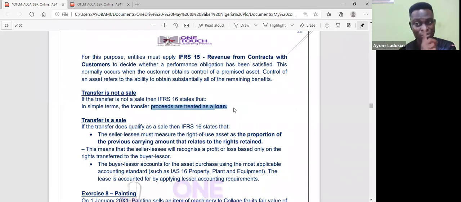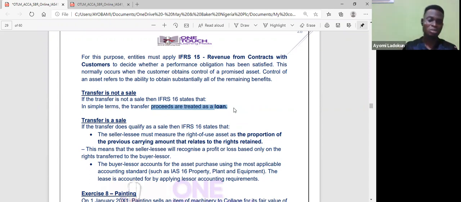The examiner can dribble you, gives you a scenario, and tells you that they didn't comply with IFRS 15, revenue from contract with customer, and is asking you how that transfer will be treated. It's simply as a loan. So if the transfer is not a sale, IFRS 16 says in simple terms the transfer proceeds should be treated as a loan.